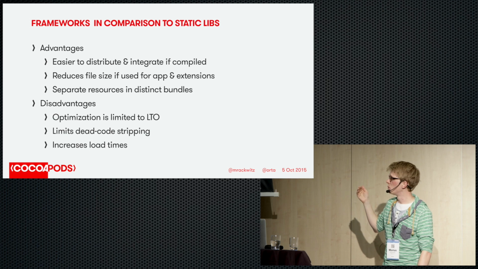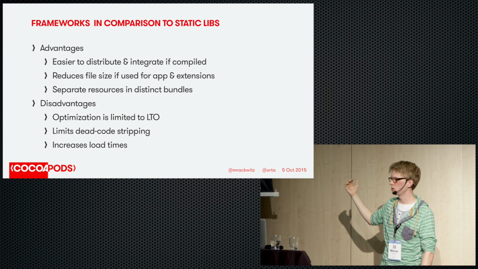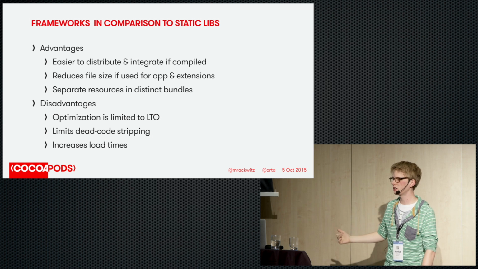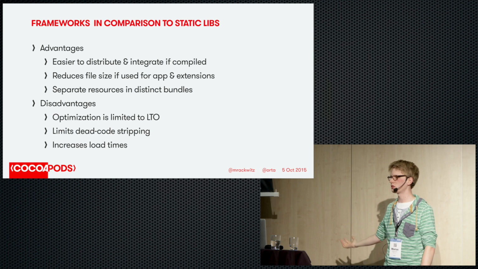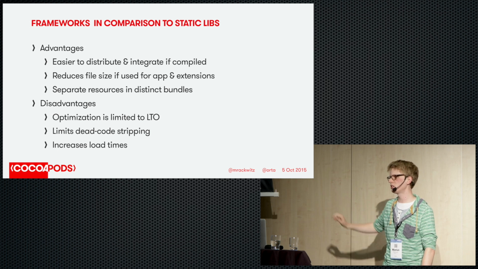Which falls in the same category: code stripping is limited. With static linking, you can just import the object files you actually need, and object files which are not needed are not included.